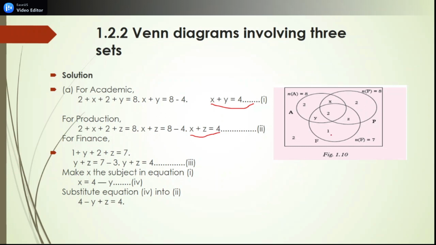From finance, after taking 1 plus y plus 2 plus z, which is equal to 7, we found this equation. So we can take this one, we replace it in the second equation by taking x. Then the result will be compared with the third one.